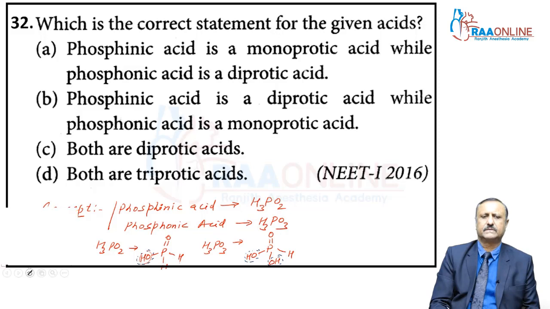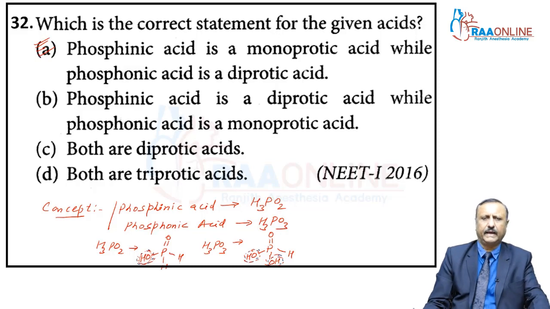So this is a monoprotic acid and that is a diprotic acid. Monoprotic means only one OH group is present, and diprotic means 2 OH groups. So my dear students, the answer to question number 32 is A.